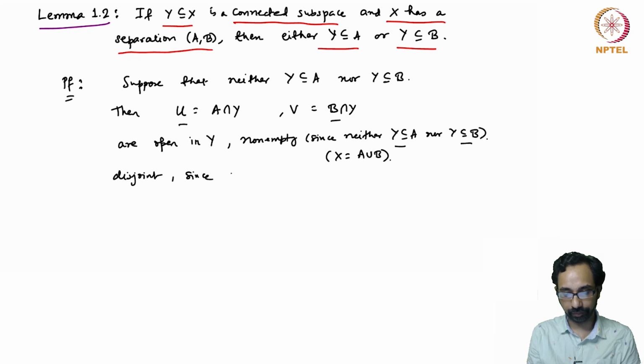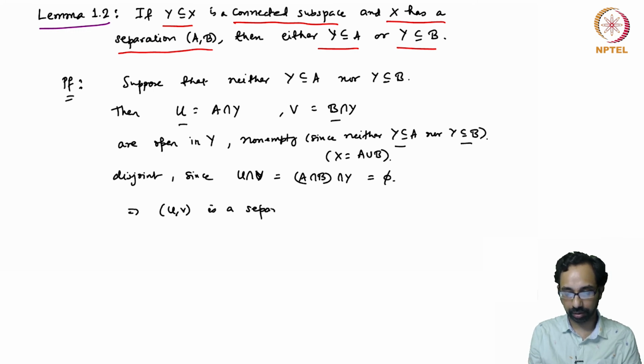since U intersection V is nothing but A intersection B intersection Y, and this is the empty set because A and B are disjoint. So this means that UV is a separation of Y, and this is a contradiction to the fact that Y is connected.